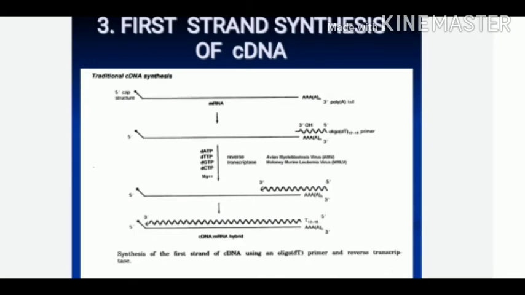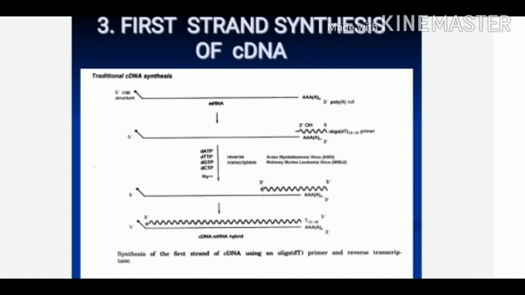The third step in the preparation of cDNA library is first strand synthesis of cDNA from mRNA. There is a need of synthesis of cDNA from mRNA because mRNA is a highly unstable molecule, so it becomes very difficult to deal with mRNA.